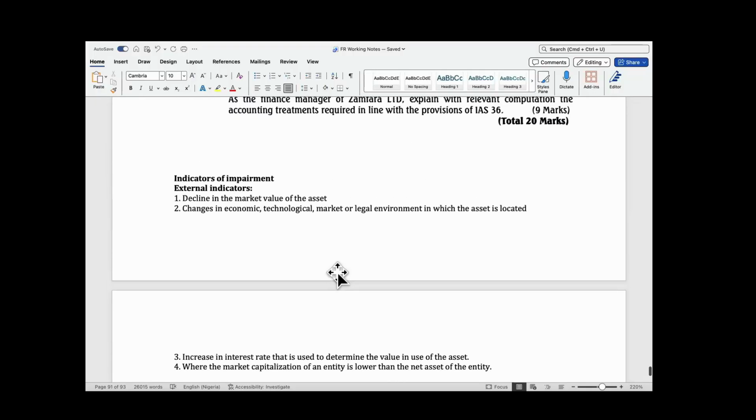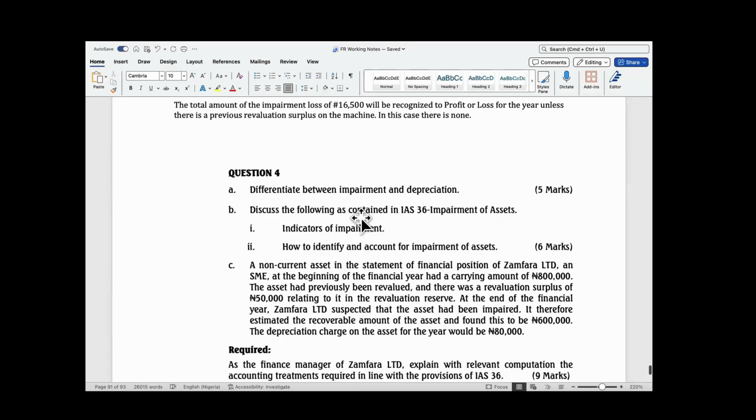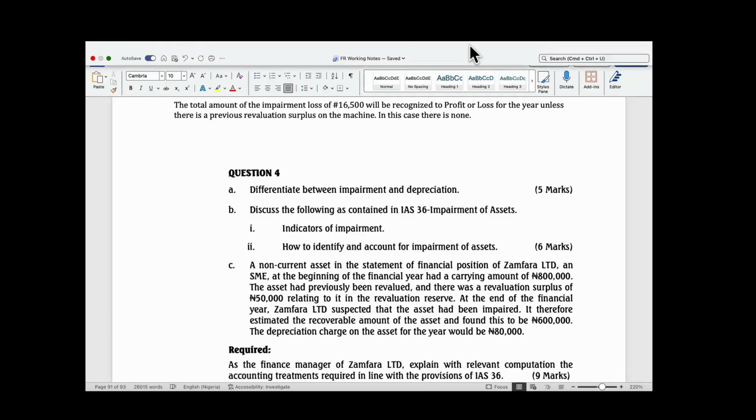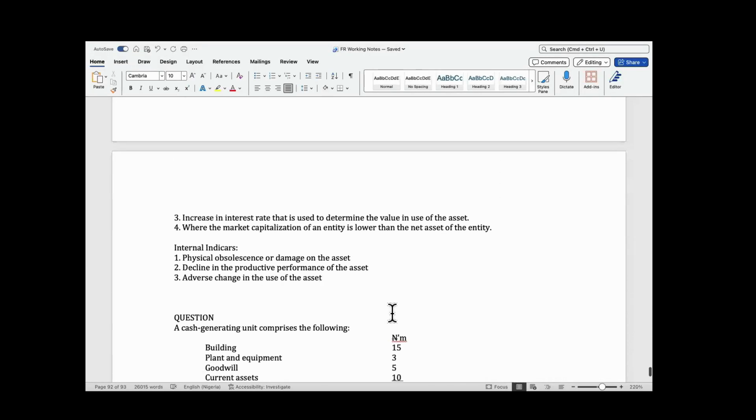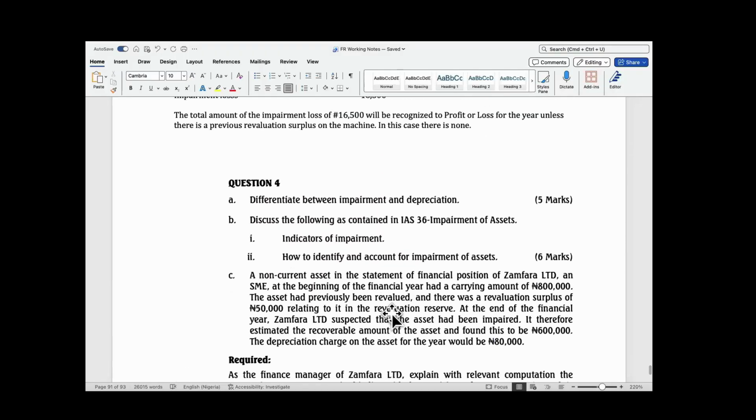So if you know like 5, because in case they ask you a question that can earn you 6 marks, in this case, if you mention 3, you're fine. Also, we're asked to identify and account for impairment of assets. So how do you identify it? I think we have mentioned that already. Where the carrying amount is higher than its recoverable amount, that is how you identify that there's an impairment.